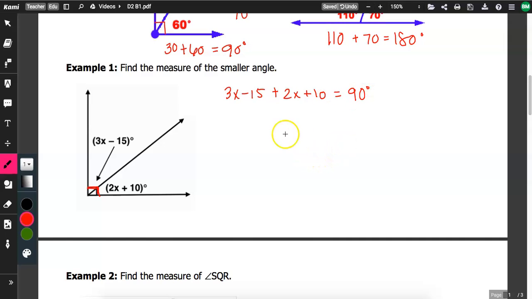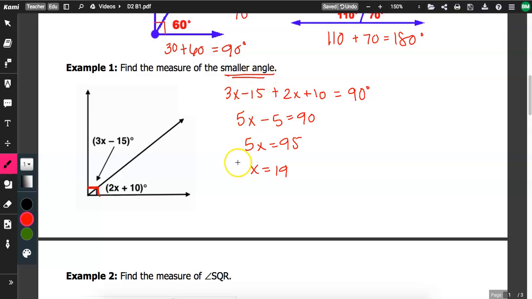Okay. Now let's solve for x here. So I have 5x minus 5 equals 90 degrees. 5x equals 95. And x equals 19.